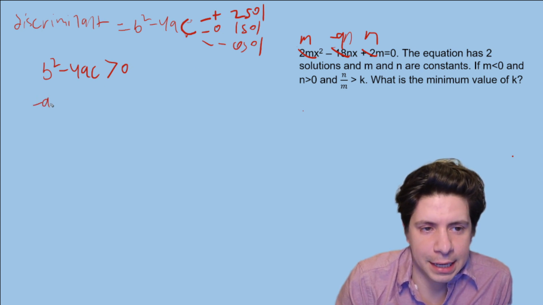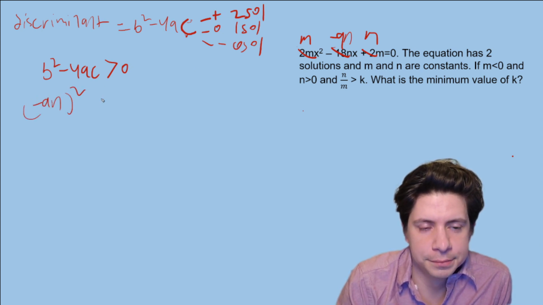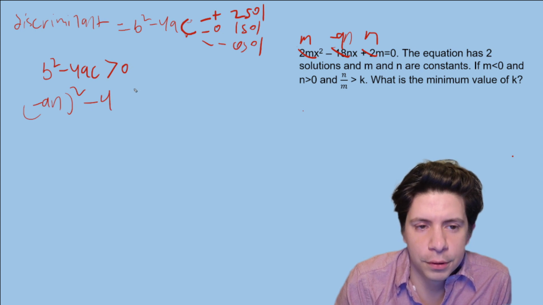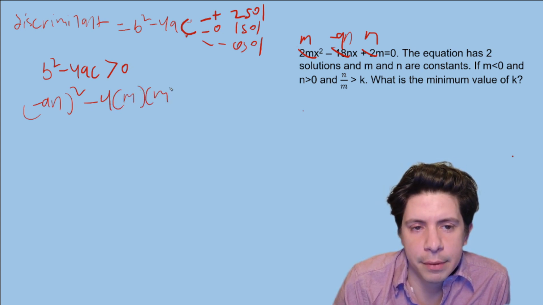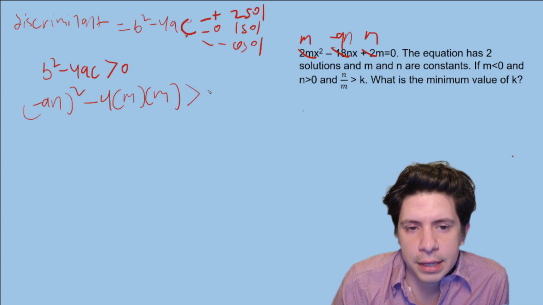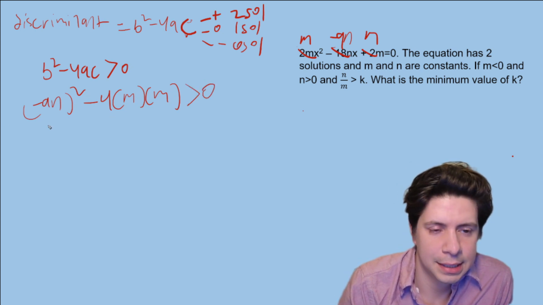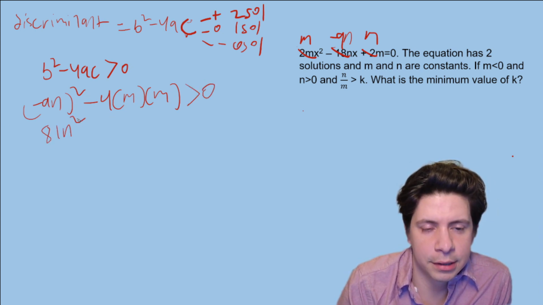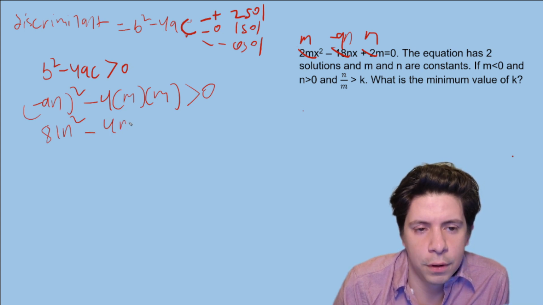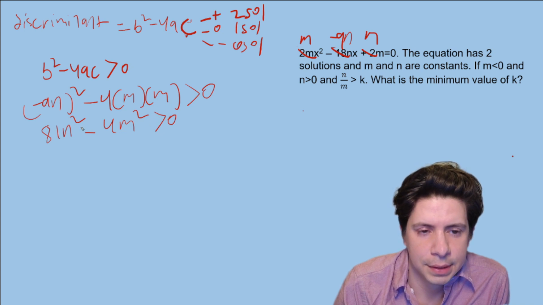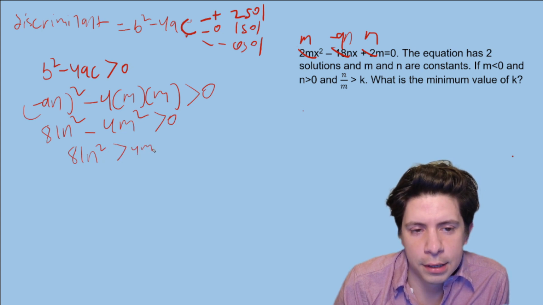So we're going to get negative 9n squared minus 4 times m squared is greater than 0. That's going to give us 81n squared minus 4m squared is greater than 0. So let's add 4m squared. So we're going to get 81n squared is greater than 4m squared.